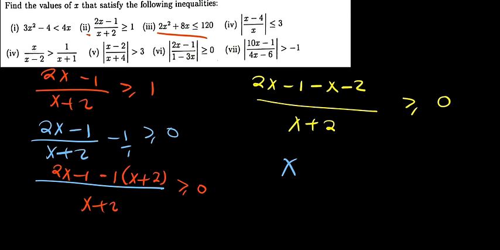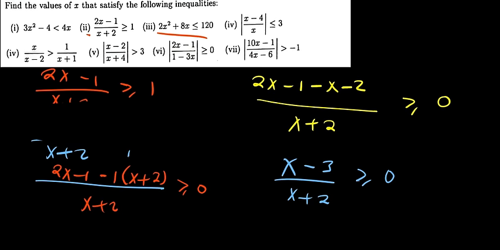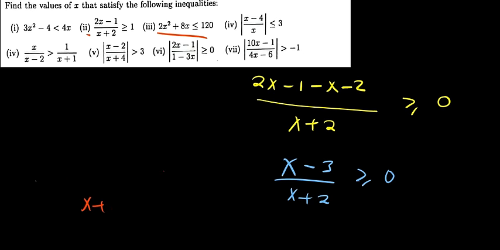Okay, I'm going to get x. What else can we see? Now here I'm going to have x minus 3 divided by x plus 2 less than or equal to 0. If we understood, I'll write it from here.